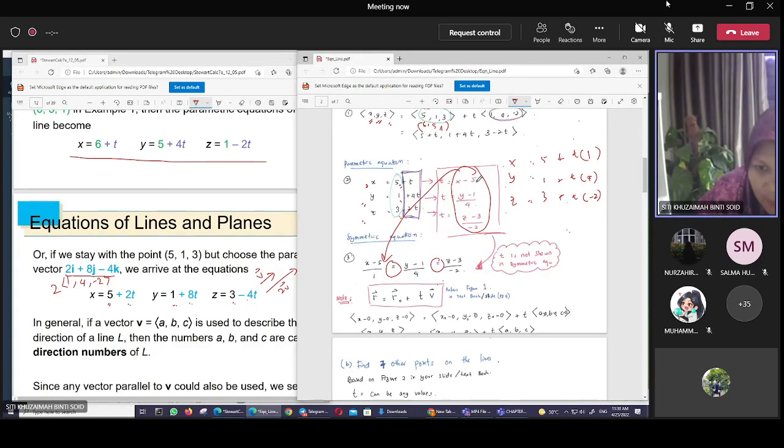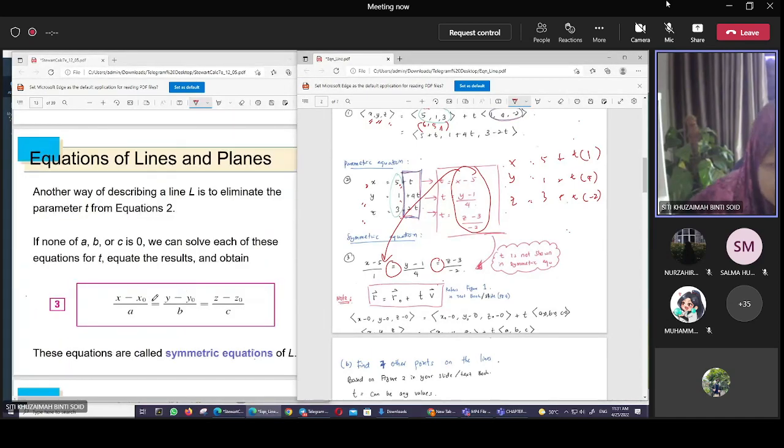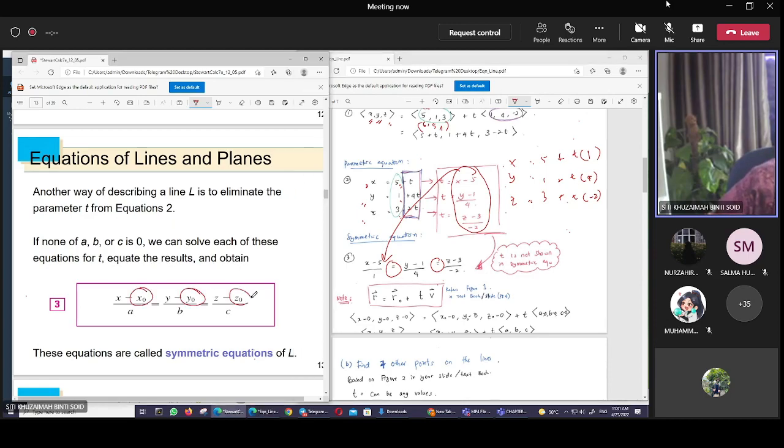x minus 5 divided by 1. The form would be like this: x minus x naught divided by A, y minus y naught divided by B, and this one. Okay, if you notice, x naught, y naught and z naught, what is this coordinate?